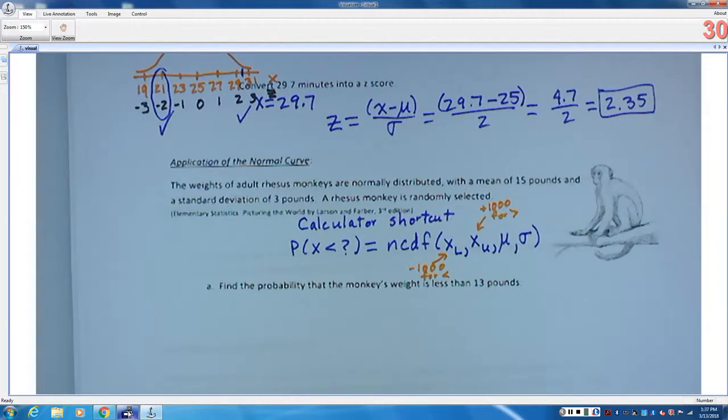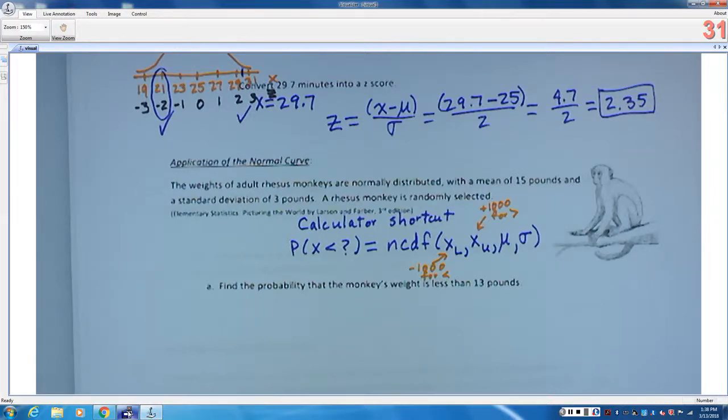If it's miles that a tire lasts, say a tire lasts 25,000 miles and your units are in thousands, you can't use 1,000 for positive infinity. You can still use negative 1,000 for negative infinity because you're way down in the negatives.